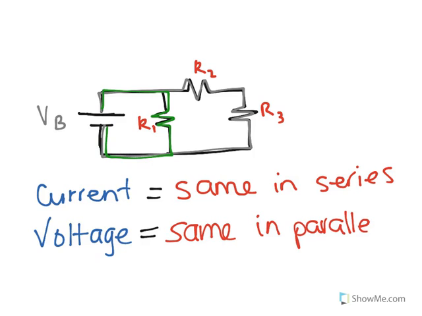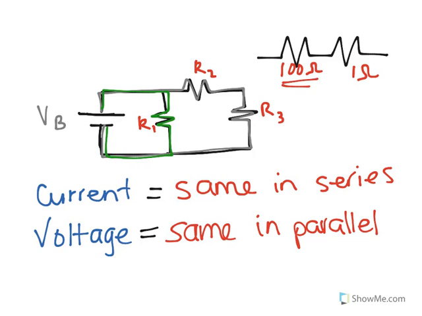However, it is not the same for resistors in series, and that's because it takes more voltage to push current through a very large resistance than it does to push current through a small resistance. So even though these two are in parallel, and these two are in series, it's going to take a lot more voltage and cause a much bigger voltage drop to push current through this resistor.